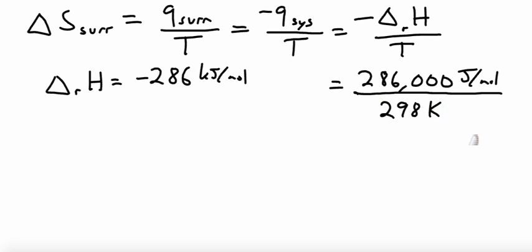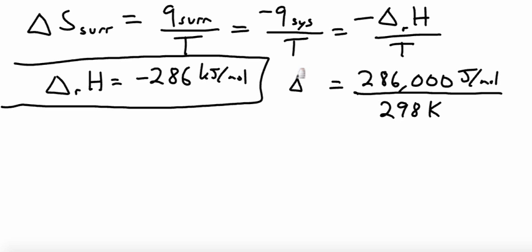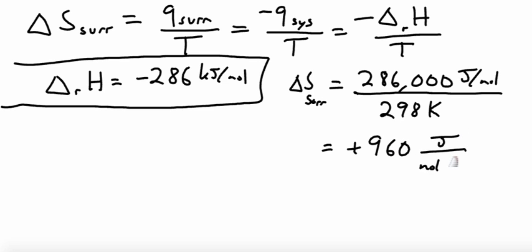Always do that with your entropy calculations. Remember, we're still calculating delta S of the surroundings. Okay, so we've got this divided by that, and that comes up to a positive 960 joules per mole per Kelvin for delta S for the surroundings.